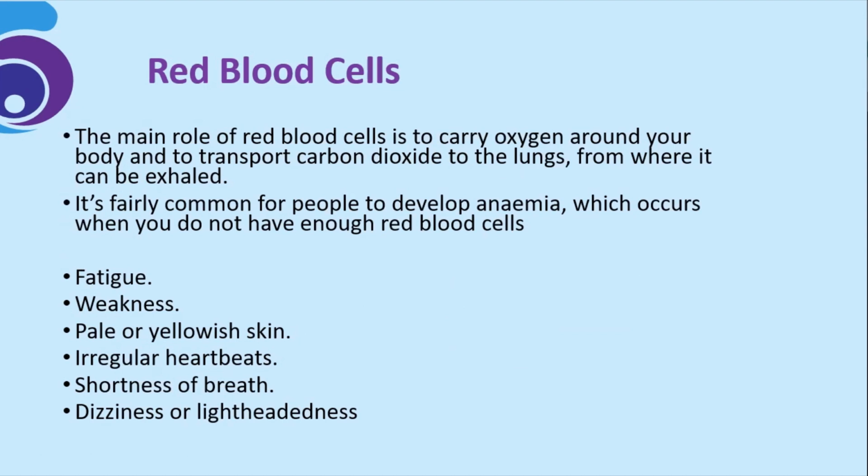So when you're having cancer treatment, particularly chemotherapy, if we think about the aim of chemotherapy, in a nutshell, chemotherapy will attack fast growing cells. Red blood cells are fast growing cells that will be attacked by chemotherapy. So your team will want to keep an eye on your red blood cells because red blood cells carry oxygen around your body.